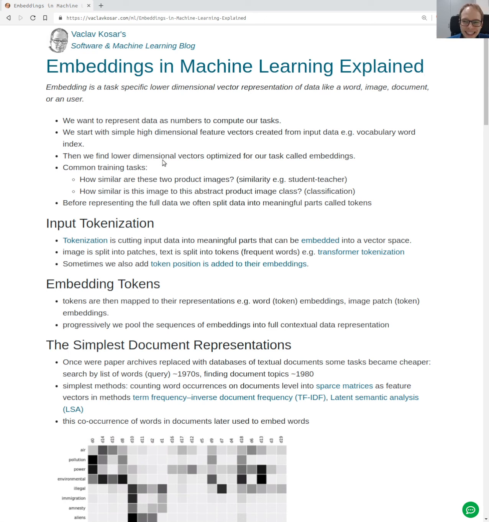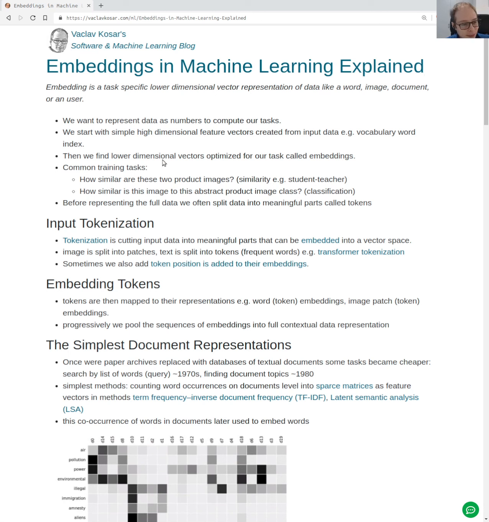What are common training tasks for these sort of embeddings? These can be supervised, unsupervised. And for example, we can ask: are these two images similar? This is, for example, used for teacher-student architectures.